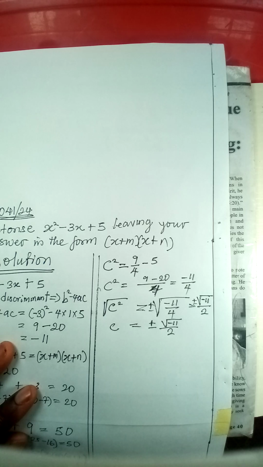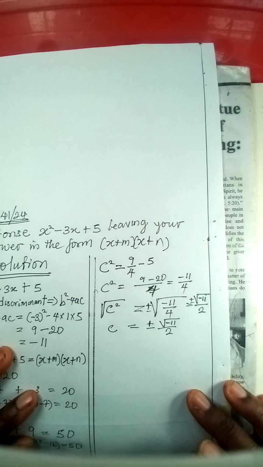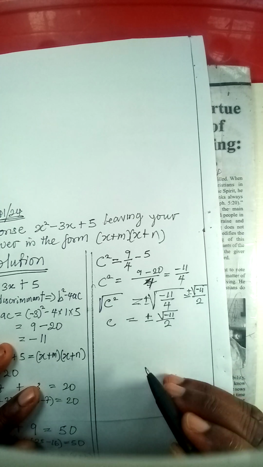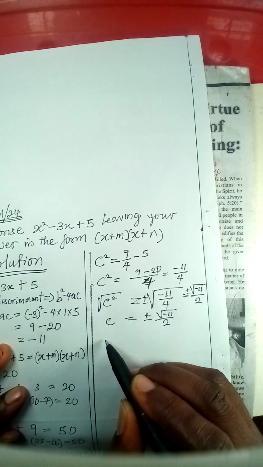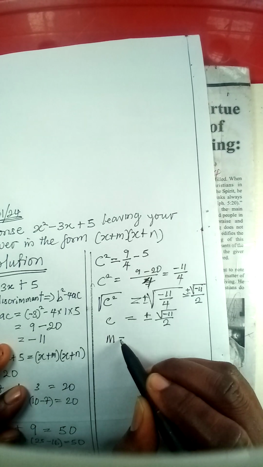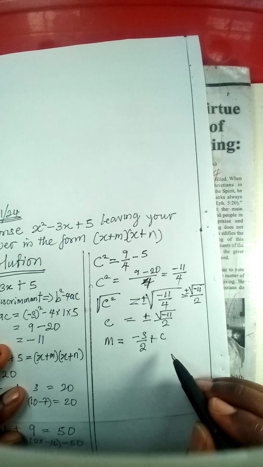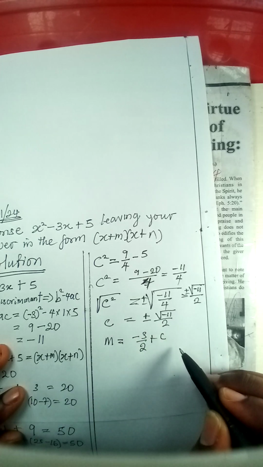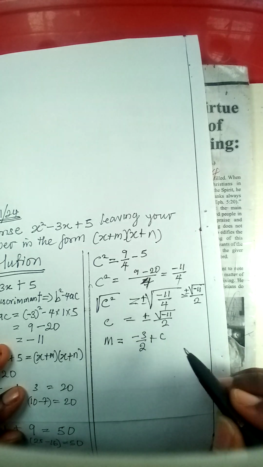we'll continue. So from here, let's get back to our m. Remember that we said that our m is equal to minus 3 over 2 plus c. And if I substitute this value here, let me take the plus first.